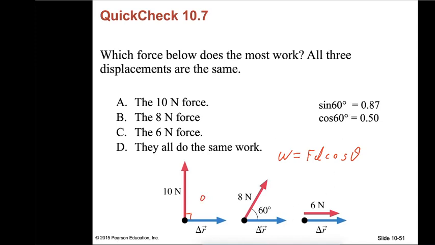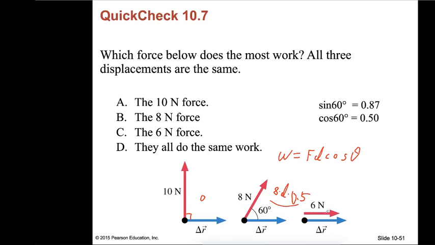For this one, it's force times D, which is delta R, times cosine theta. Cosine theta is cosine 60 degrees, which is 0.5, times 0.5. That's the work done in this second system.